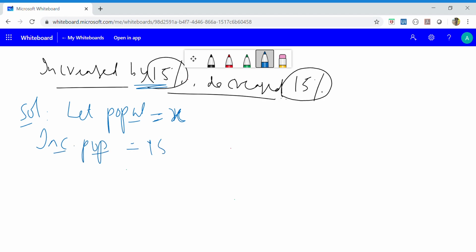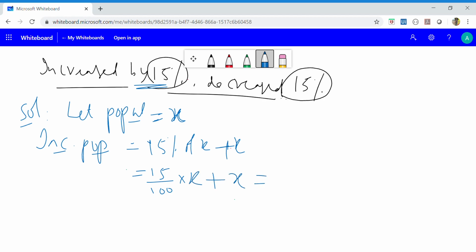Increased population is x plus 15% of x. That is equal to 15 by 100 of x plus x.